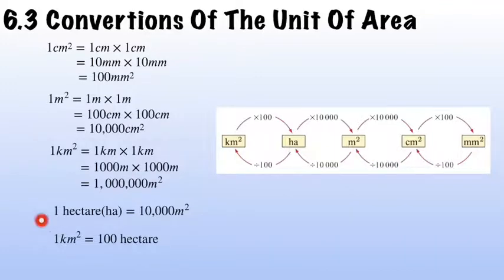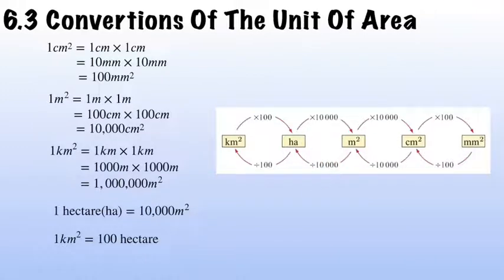Then next, 1 hectare is equal to 10,000 m square, right? So while we want to convert hectare to m square, we need to times 10,000 because 1 hectare equals 10,000 m square. The same thing, while we want to convert m square back to hectare, we need to divide 10,000.